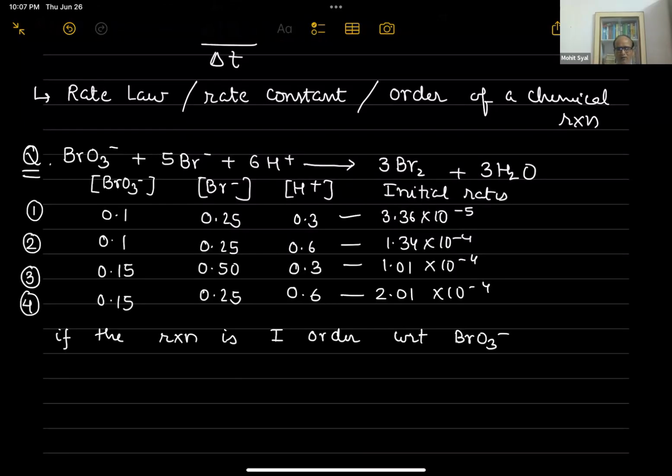You can do it orally also. But in the board examination, you have to do it by the formal method which I told.